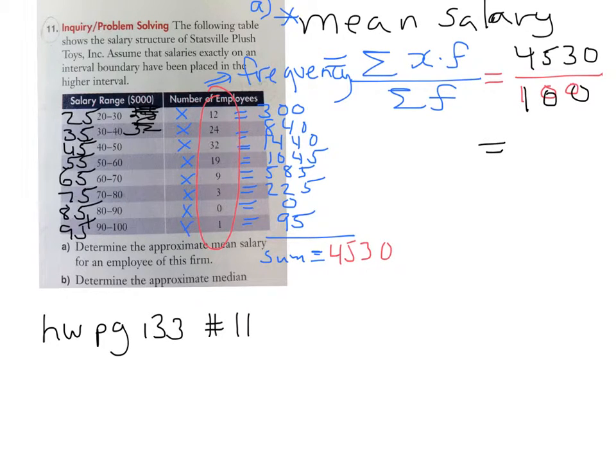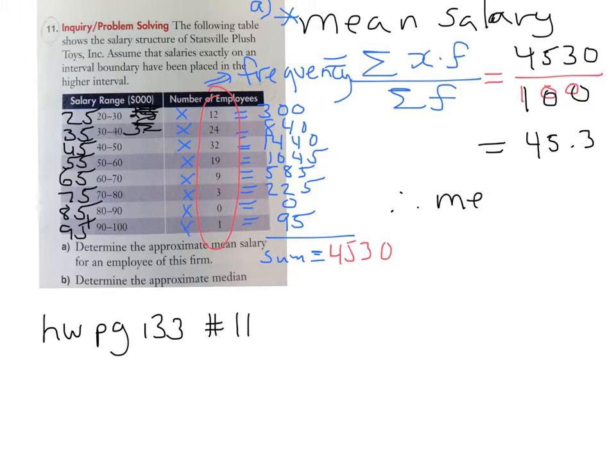Okay, now the last part, divide 4,530 by 100, and you're left with 45.3 as your mean salary. Now interpret the meaning of this number. The mean salary is 45.3. That's not $45.30.